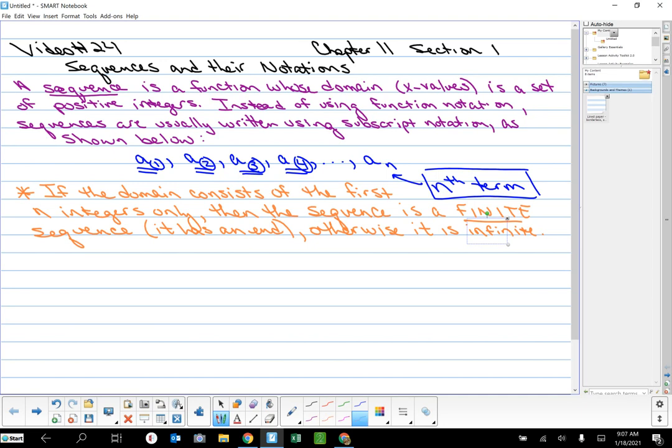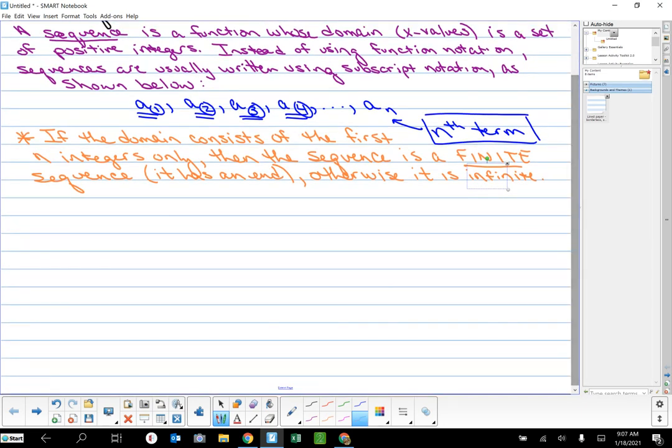Okay, so here's an example. Let me scroll down the page a little bit. Given a sub 1 is 1, and a sub 2 is 2, and a sub n equals a sub n minus 1 plus a sub n minus 2, find a sub 3, a sub 4, and a sub 5.